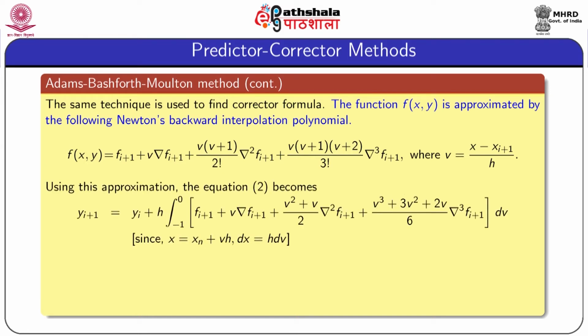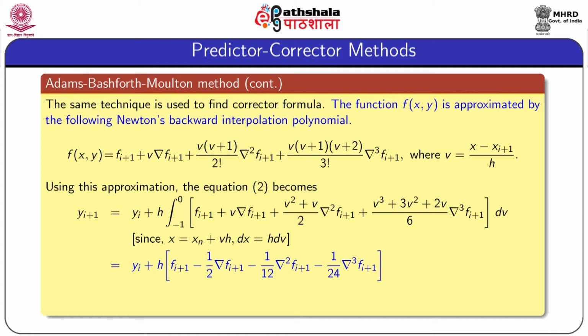So, using this expression, the given differential equation becomes y_{i+1} equals y_i plus h into the integration from minus 1 to 0, and the terms within the square bracket are obtained by Newton's backward interpolation polynomial, into dv. After integration, the expression becomes y_i plus h into f_{i+1} minus half of nabla f_{i+1} minus 1 by 12 nabla^2 f_{i+1} minus 1 by 24 nabla^3 f_{i+1}.